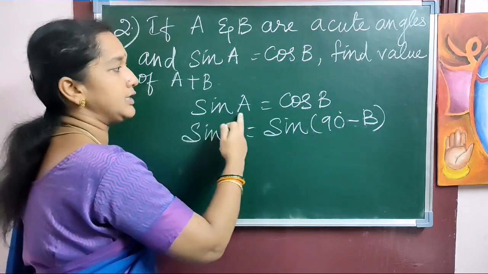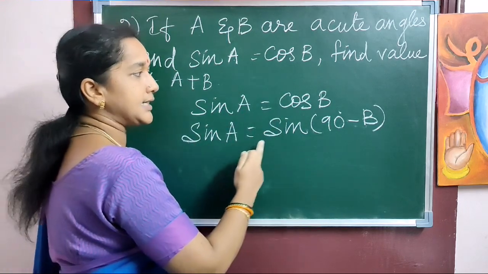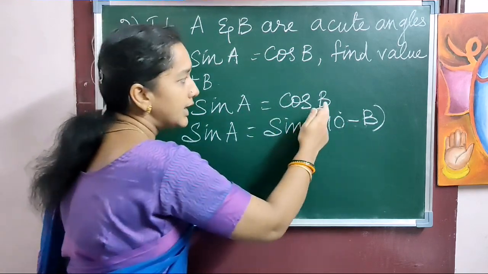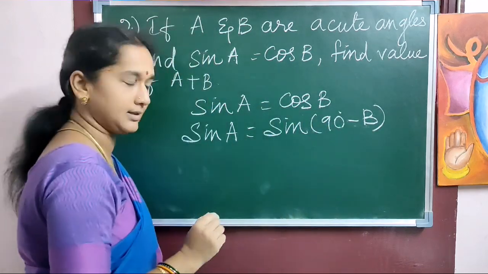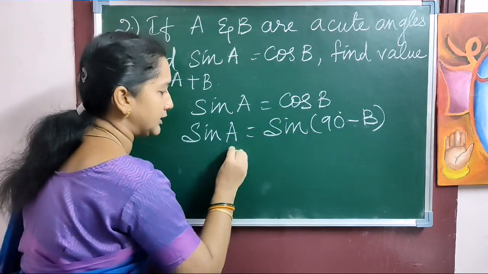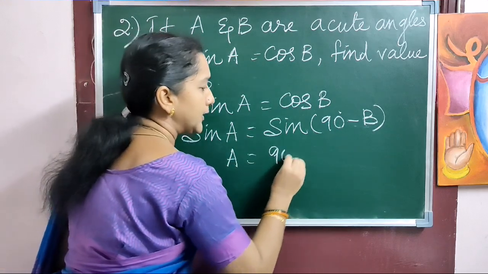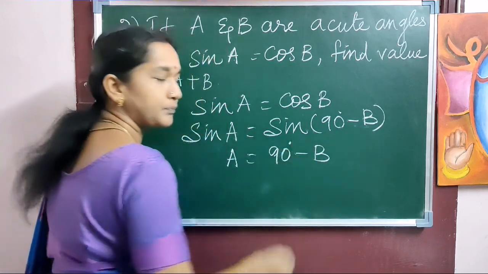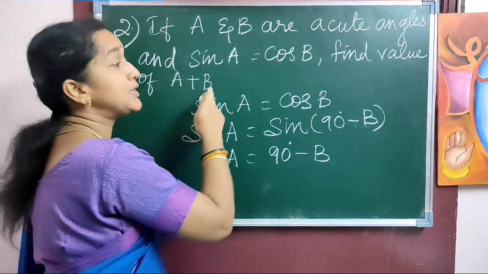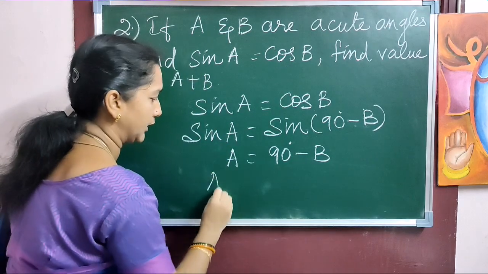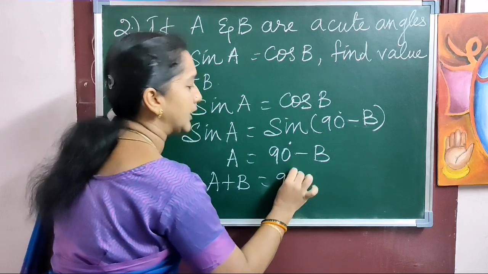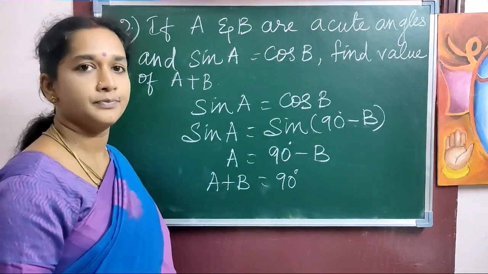So sin A is equal to sin 90 minus B. Since both sides are sine, you can equate them. A is equal to 90 minus B. We are asked to find the value of A plus B, so bring B to this side. A plus B is equal to 90 degree. That's all.